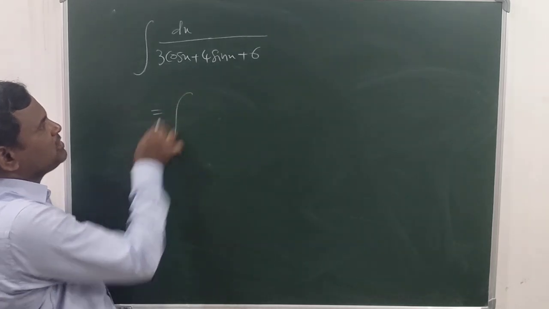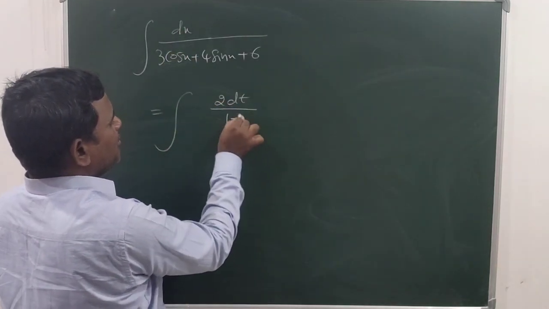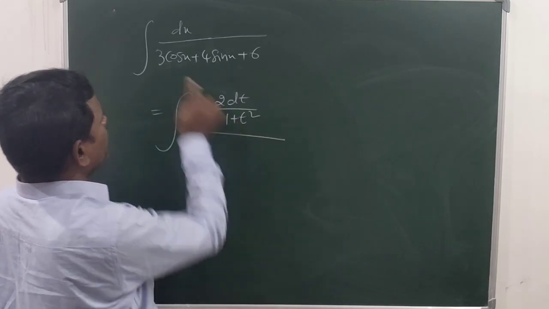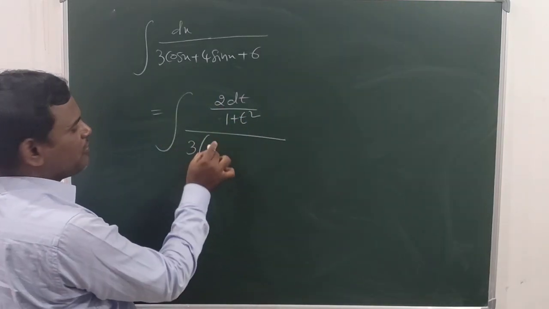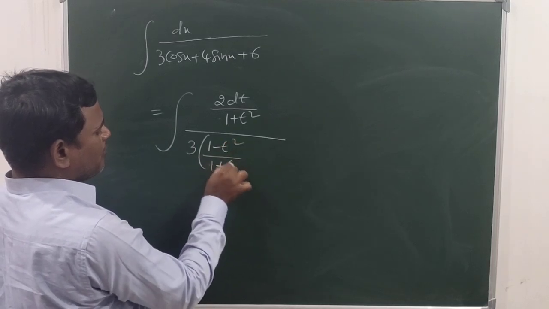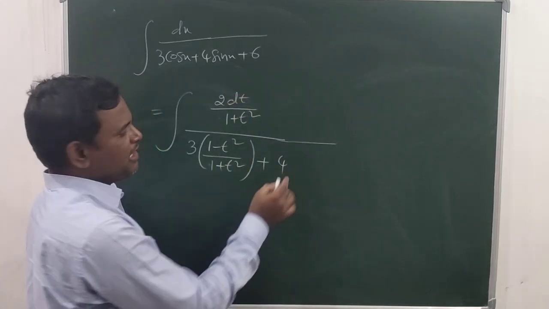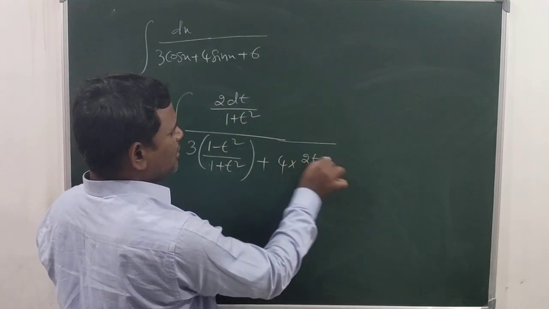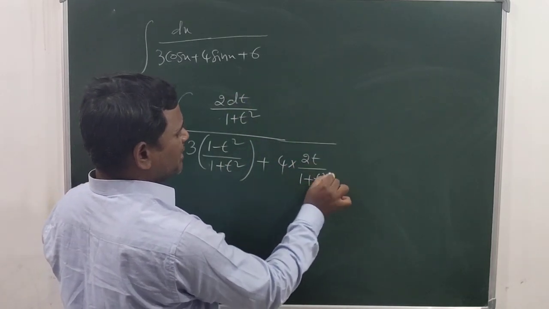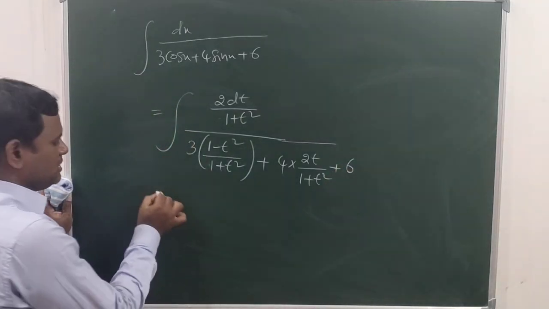In the place of dx, what you would have to write? 2 dt by 1 plus t square, whole by 3 into, in the place of cos x, 1 minus t square by 1 plus t square, plus 4 into sin x, which can be written as 2t by 1 plus t square, plus 6. Now simplify this.